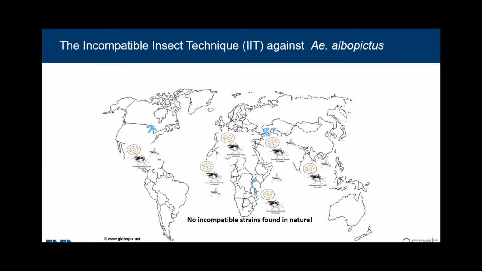However, in order to develop an IIT against mosquitoes or other species, we need to handle a strain that produces males reproductively incompatible with natural females. As far as Aedes albopictus is concerned, no incompatible strain has been found in nature.